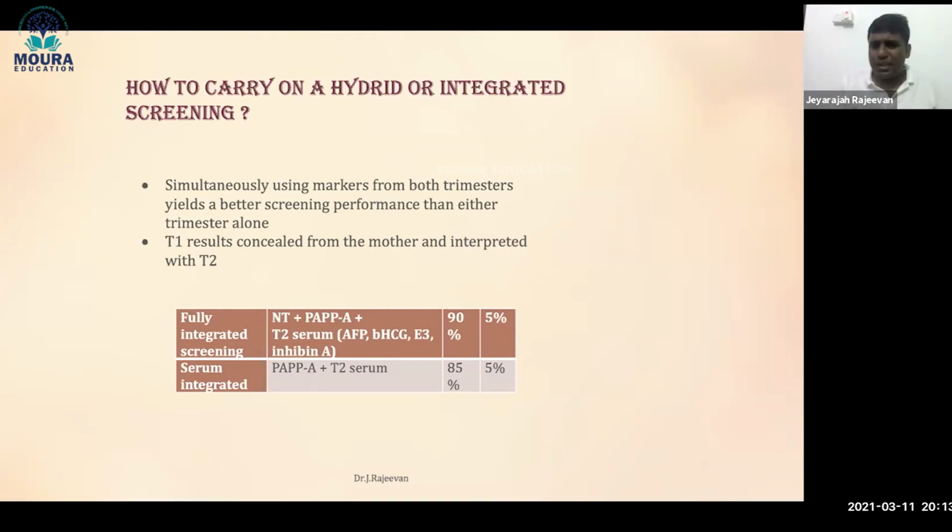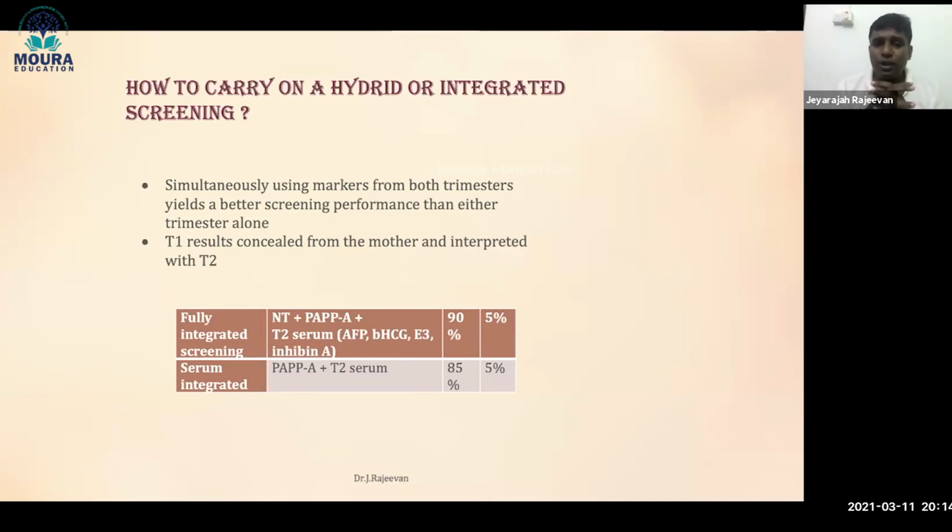Usually in Down syndrome, the thickness will be high. So increased NT is a marker of Down syndrome. But increased NT is not always due to Down's. It may be due to some other causes as well.